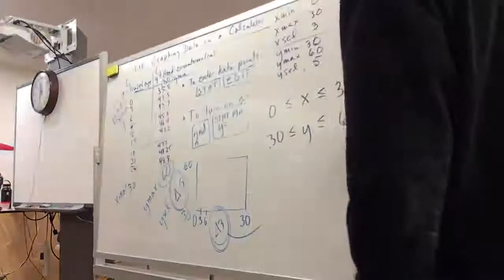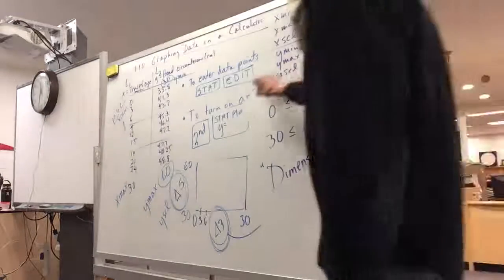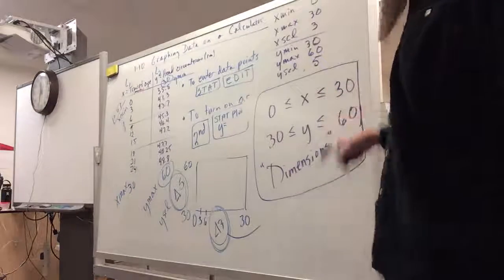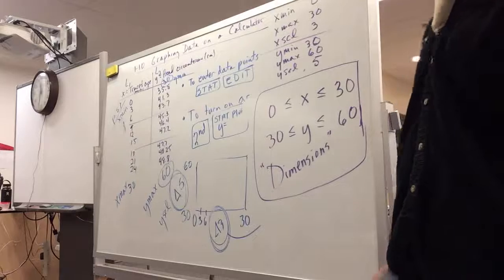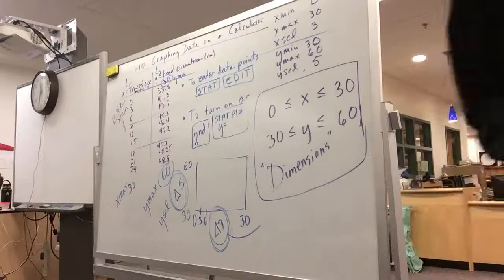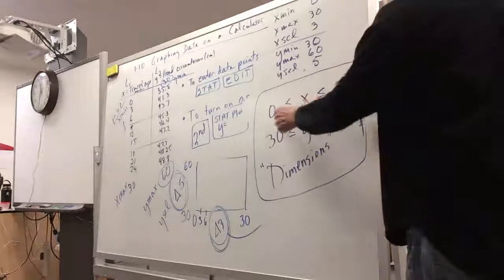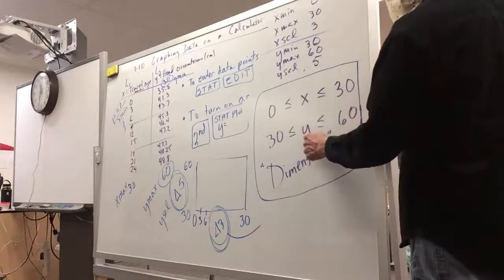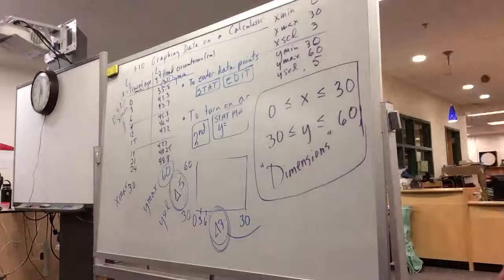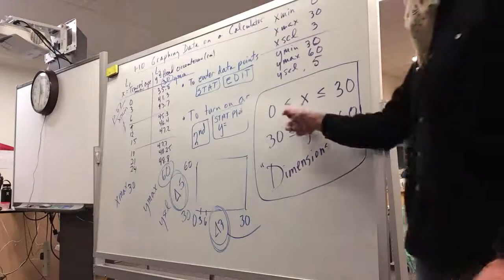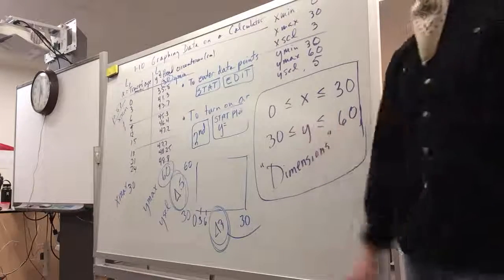So if we were going to say what our dimensions were for this graph that we did with the head circumference, this is one way that we could write it in kind of shorthand. It's a whole lot easier than writing out all the words. So the x goes from 0 to 30, and the y goes from 30 to 60. And we always use less than or equal to for each of those.